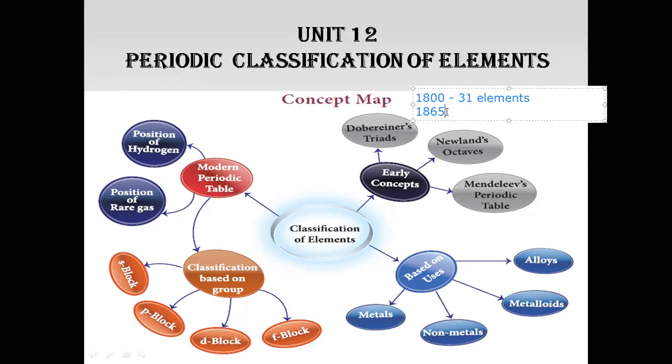In 1865 there were only 63 elements identified.